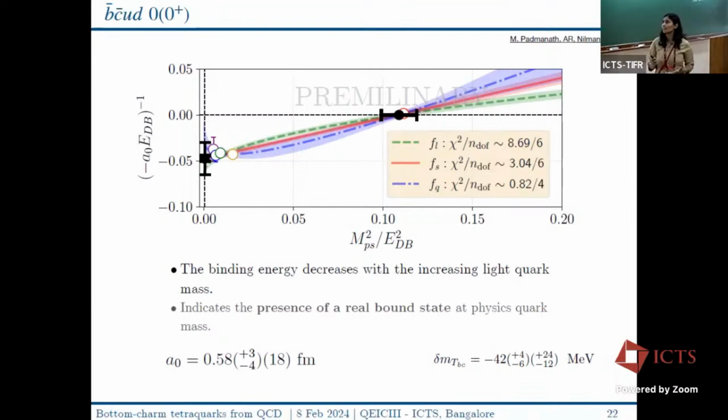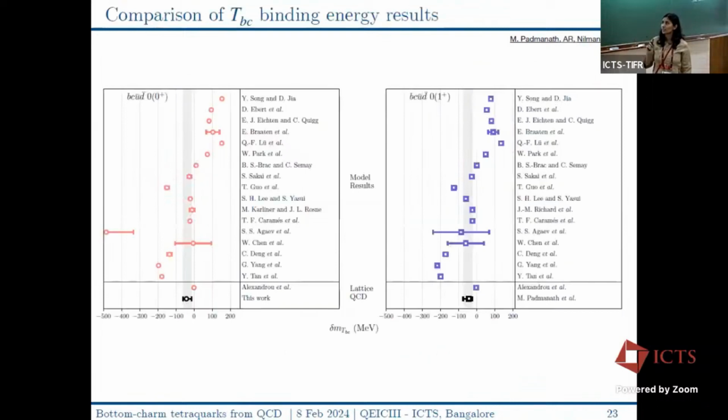And again, we calculate the k cotangent delta, the phase shifts, using our Lüscher formalism, and then do the continuum extrapolation and the chiral extrapolation to the physical point. And here also we get a binding of minus 42 MeV with respect to the BD threshold. So this is for the scalar channel.